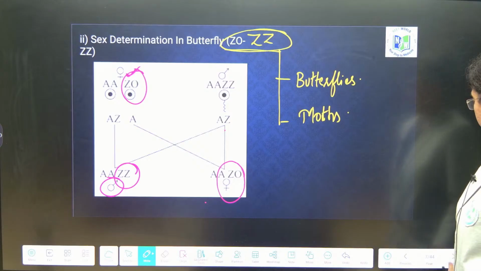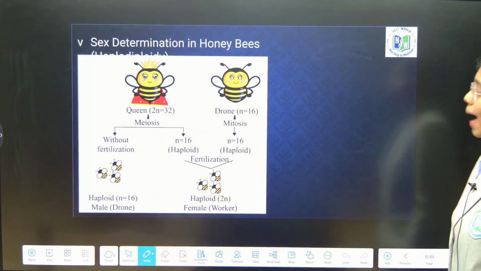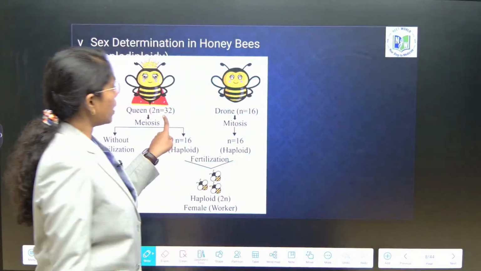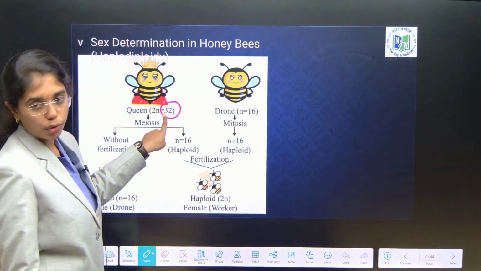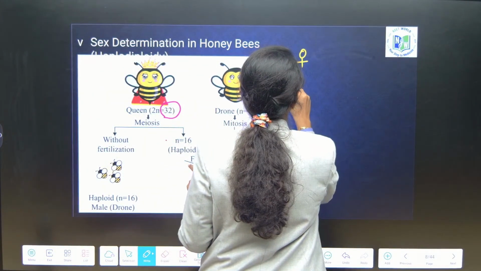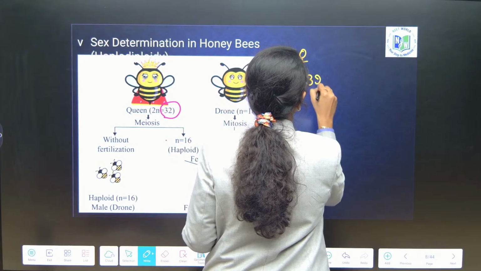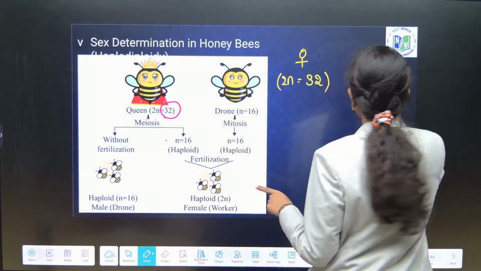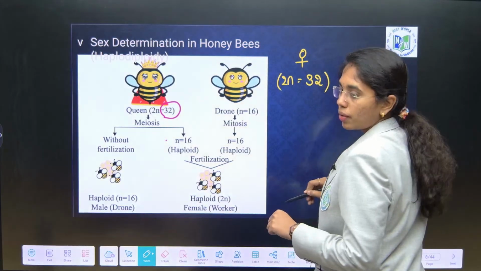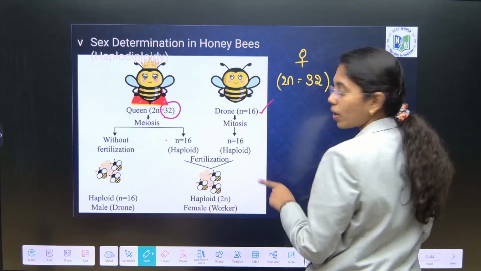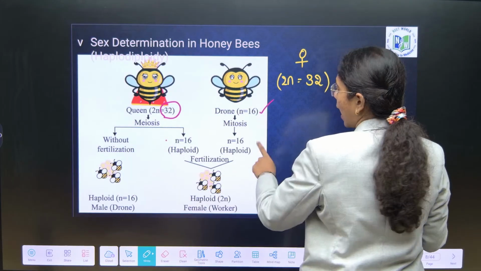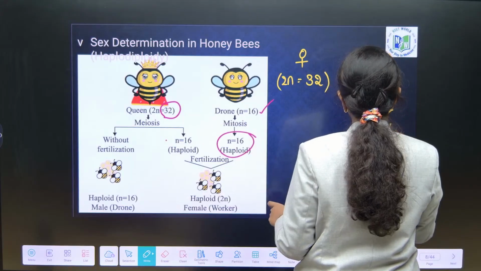Done, right? Now, haplodiploid mode of sex determination. I told you females will have complete set of chromosomes, like the female diploid set of chromosomes is 32. Males will have, as I told you, half the set of chromosomes, that is 16. Example, drone you take. This undergoing mitosis only, they will produce haploid set of chromosomes again.